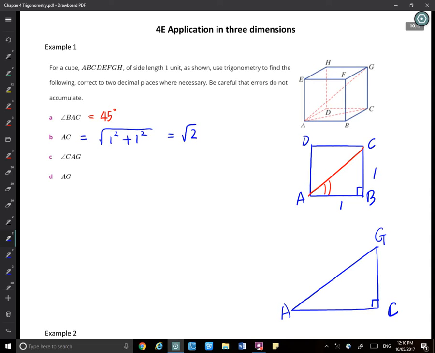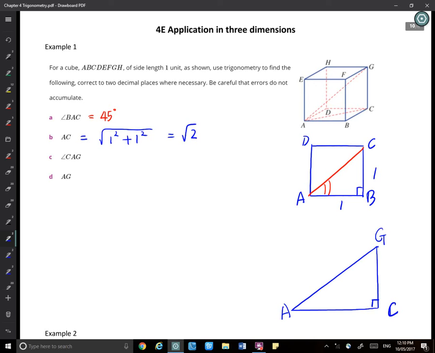If a line segment is perpendicular to a plane, the plane BACD, then any line on that plane will be perpendicular to that line segment. Therefore, GC is perpendicular to AC.